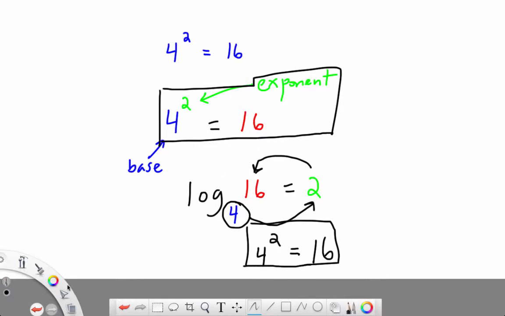So let's do a few examples. What if I say log base 3 of 9? This is asking, what is the exponent of 3 that I need to raise 3 to equal 9?